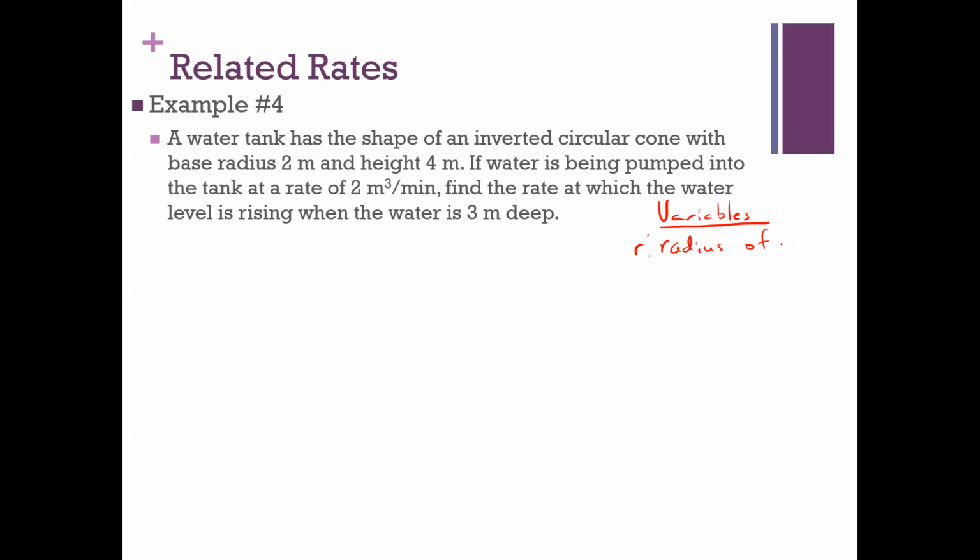Is the radius of the base of the cone variable? Let's draw a picture. If I have a circular cone, are we saying that R stands for this length right here? I think there's no reason to assign that a variable's name. I don't think that value is ever going to change.